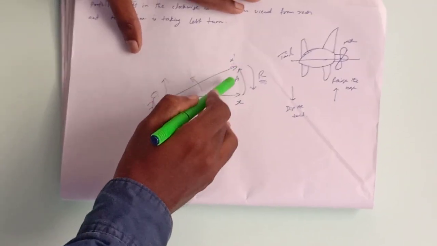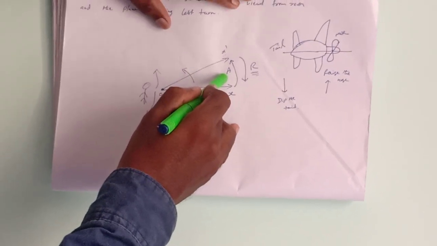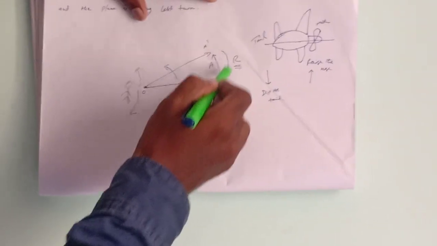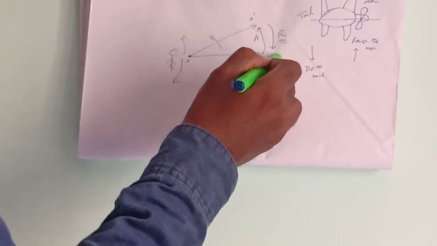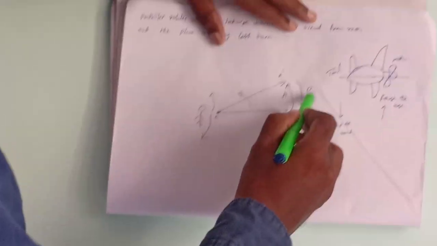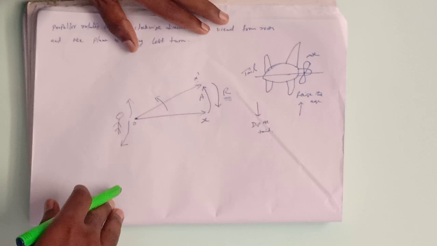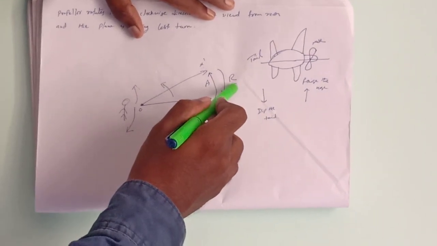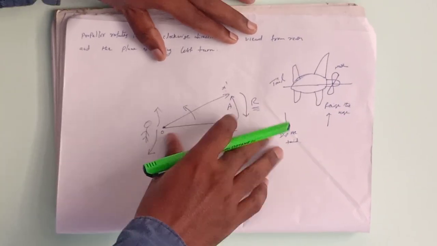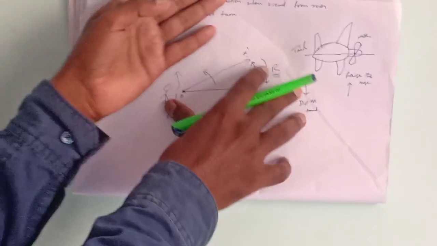After drawing OX and OX dash directions, XX dash represents the active gyroscopic couple, and X dash to X, the reverse one, indicates the reactive gyroscopic couple. These active and reactive gyroscopic couple directions will always be perpendicular to the board.